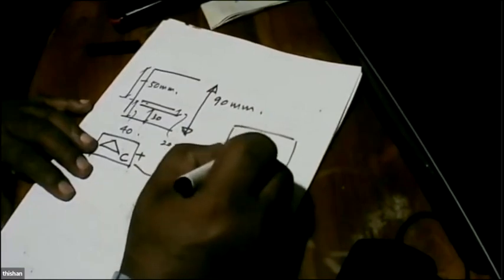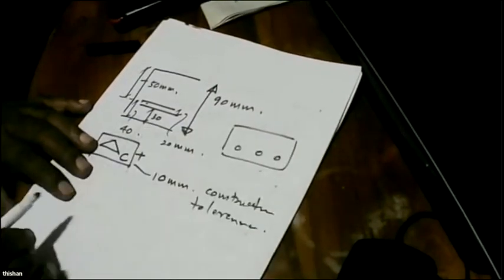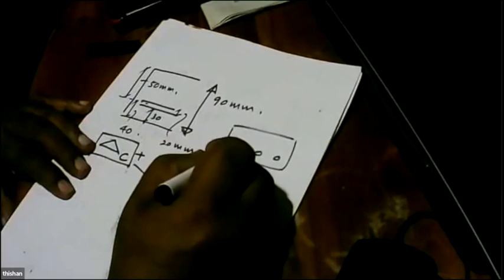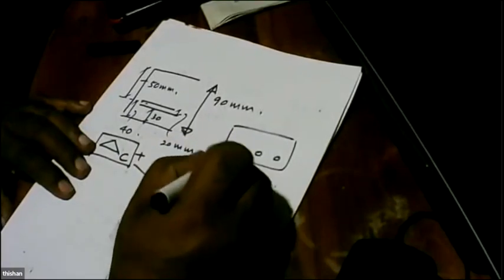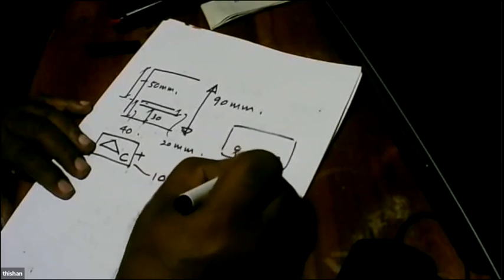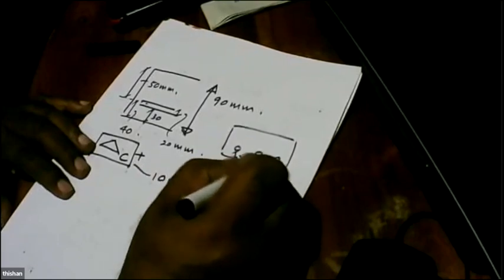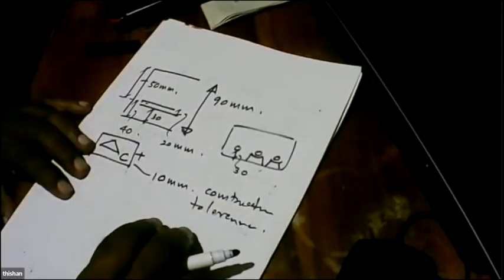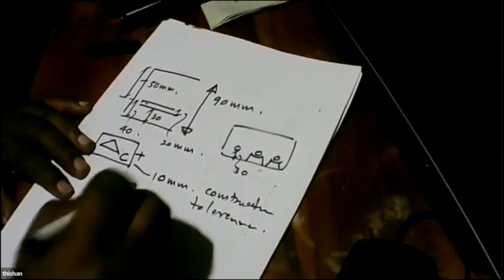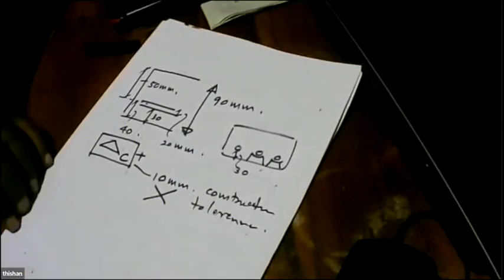Now, if you are going to precast, do you have to consider these construction tolerances? The answer is no, because we are keeping a cover of 30, and by using cover blocks of 30 millimeter, we can assure that this cover remains 30, and we are not going to do anything that will change the cover. So we don't have to use this 10 millimeter construction tolerance.